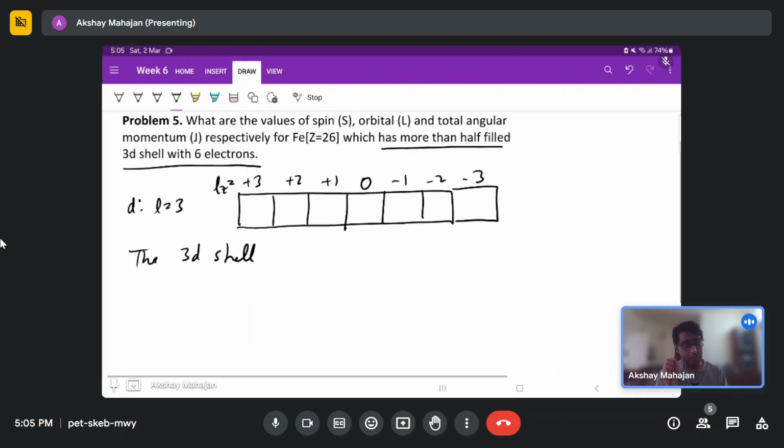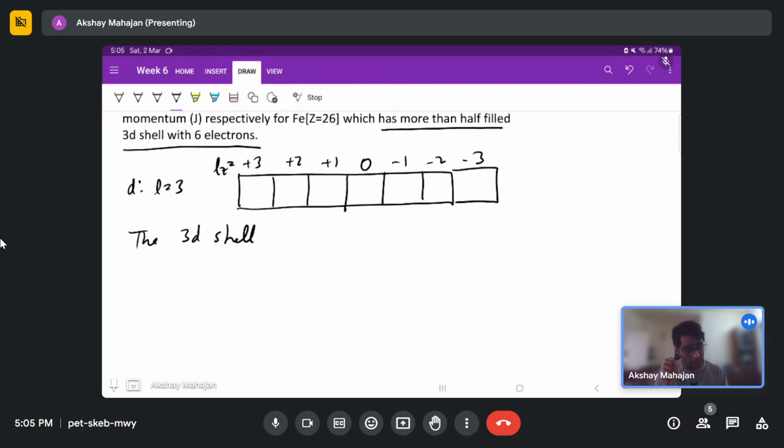So those 20 electrons are not going to contribute to this. So let me just draw it to put it in perspective.